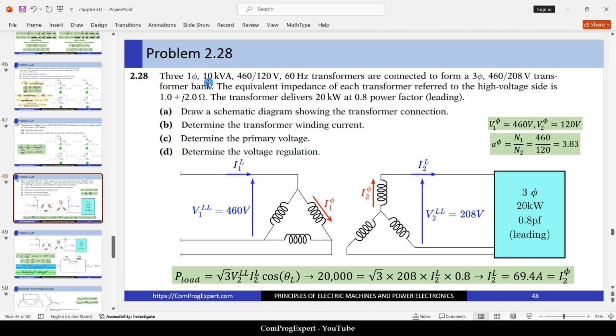This is the same as the voltage of single-phase transformers. So the primary side is delta connection. The line-to-line voltage is the same as the phase voltage. What about the secondary? For the secondary, the phase voltage is 120, but the line-to-line voltage is 208.